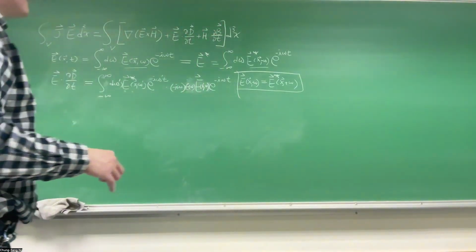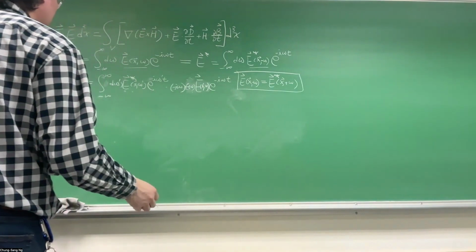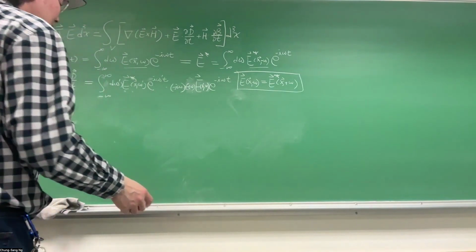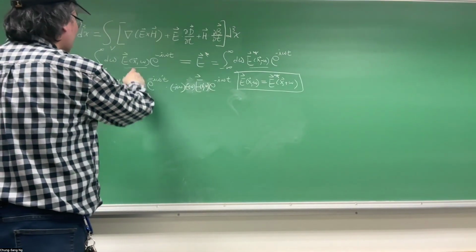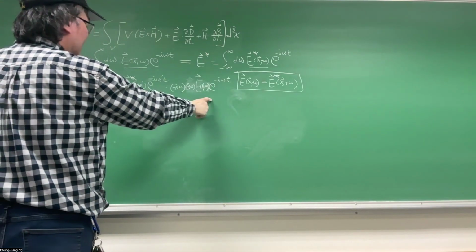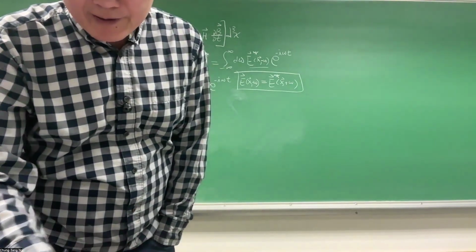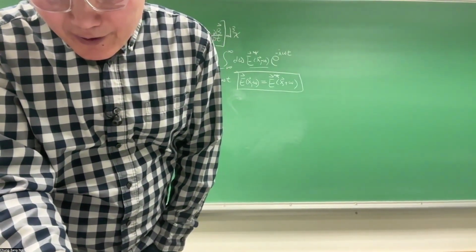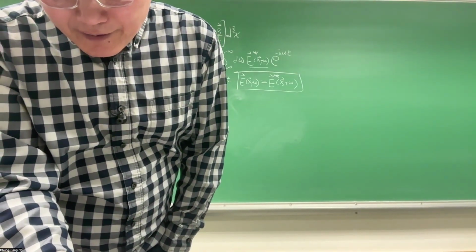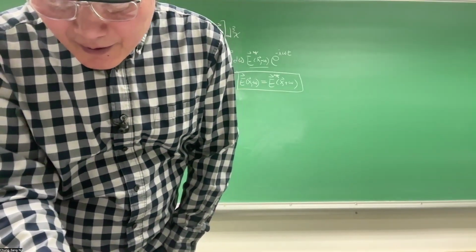Okay. Now the trick specified by Jackson is to do the same thing. Instead of this being omega, this first part E is omega prime, the second part is omega. You're basically changing omega prime to negative omega and omega to negative omega prime.